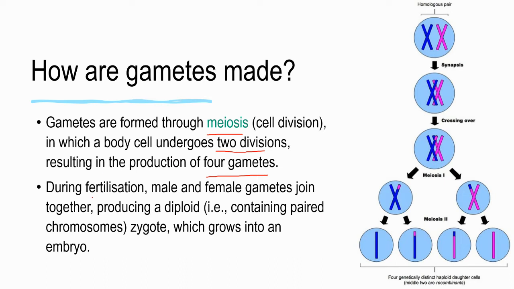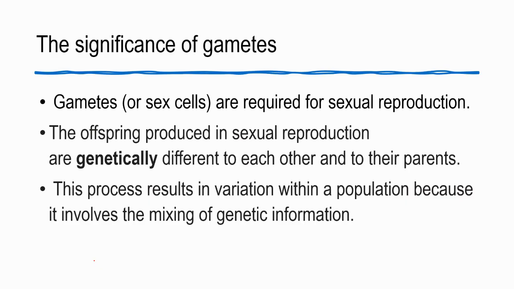And then during fertilization, the male and the female gametes join and produce a diploid cell. That means it's got a full set of paired chromosomes, and which is called a zygote, and that grows into an embryo and further growth later to either a seedling or a baby, and then into an adult organism. So gametes are required for sexual reproduction.